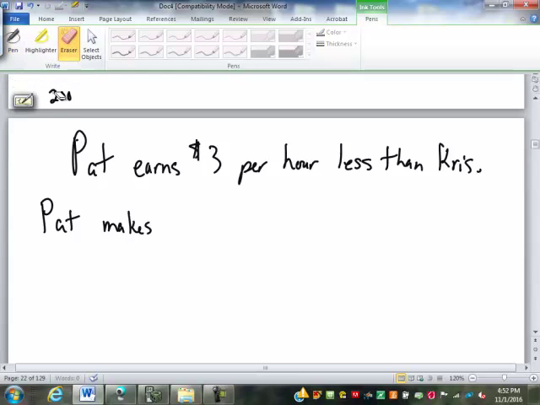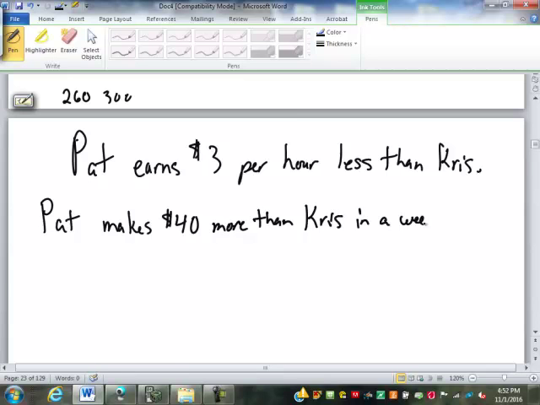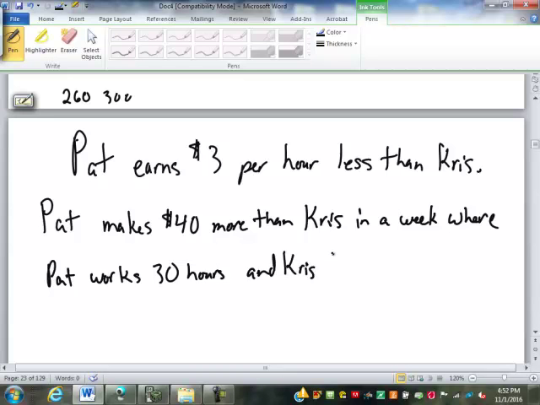Pat makes $40 more than Chris in a week, where Pat works 30 hours and Chris 20 hours. Find each wage.